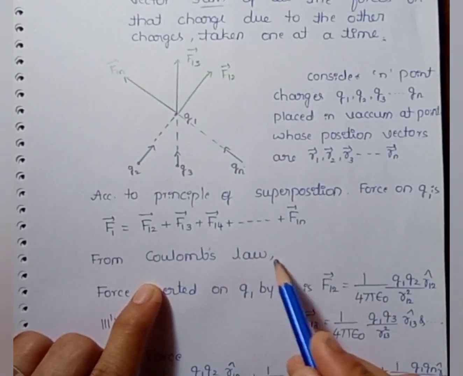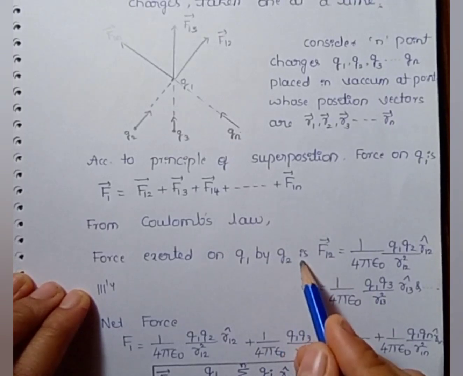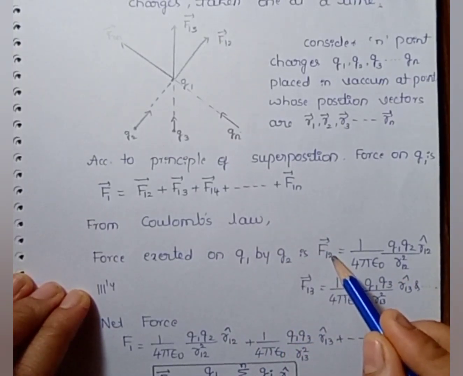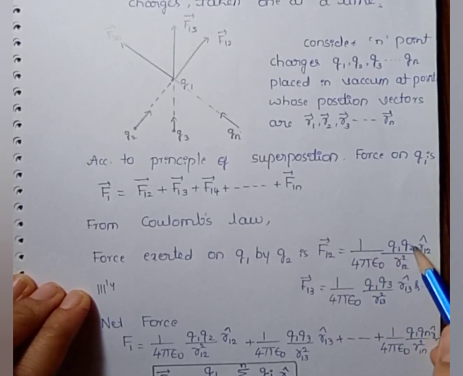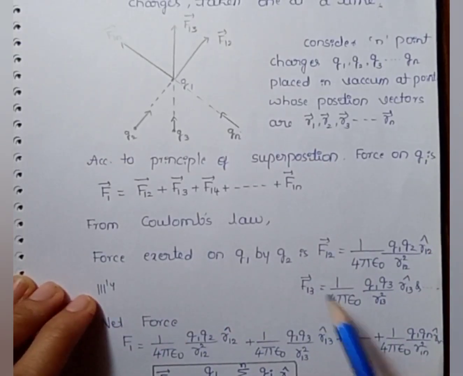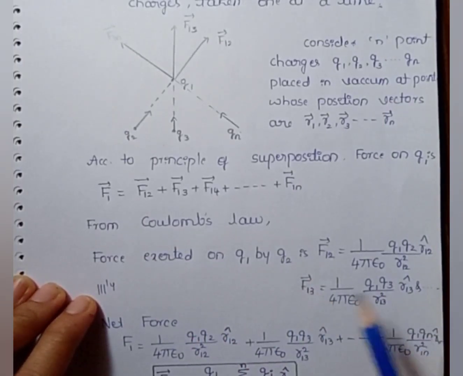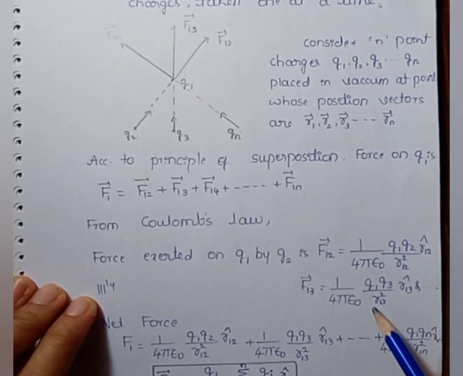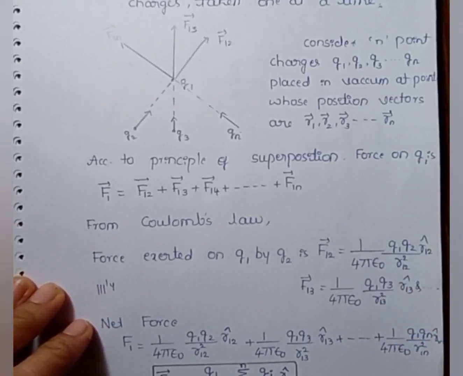From Coulomb's law, force exerted on Q1 by Q2 can be written as F12 vector is equal to 1 by 4 pi epsilon naught Q1 Q2 divided by R12 square R12 cap. Similarly, F13, that is force exerted on Q1 by Q3, can be written as 1 by 4 pi epsilon naught Q1 Q3 divided by R13 square R13 cap, and so on.